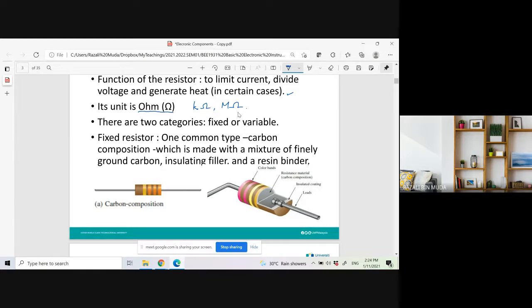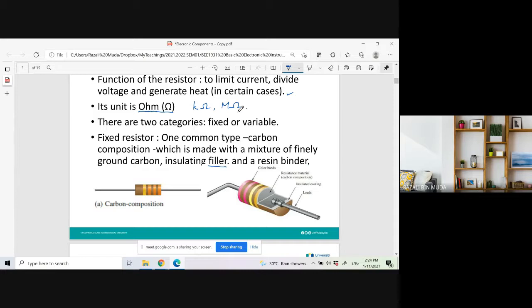So basically this is the composition of the resistor, carbon and insulating filler. It is a fixed value. You check the color and you get the value of the resistor.